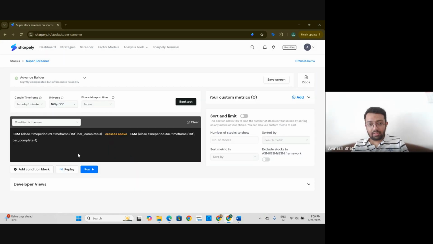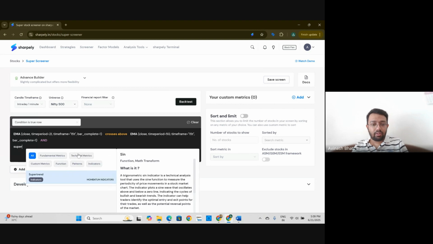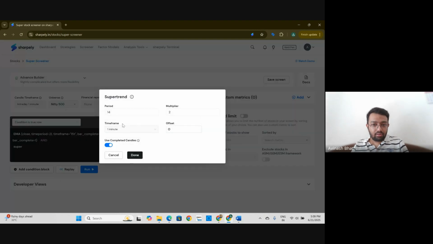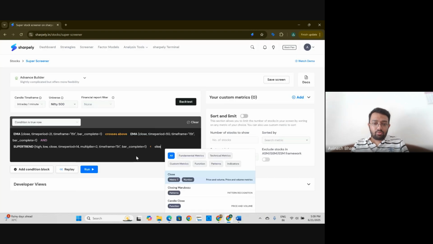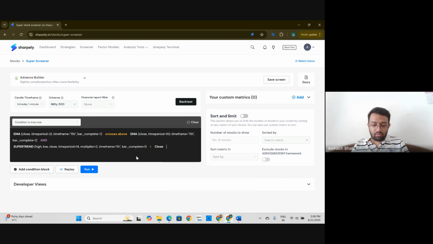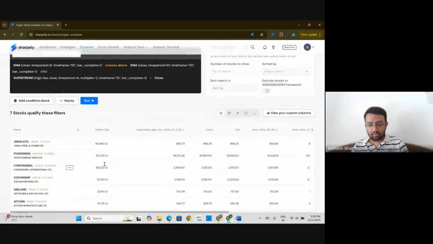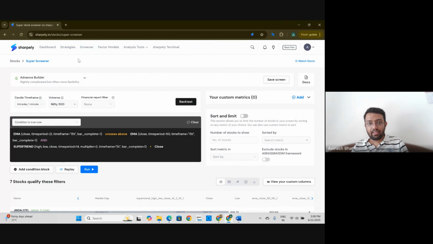So you can write like this, and you can combine multiple time frames as well. And let's say Super Trend, which is in 5-minute time frame, you want to do this analysis; if close is above it, then you can filter these kinds of stocks. So intraday screening you can do on Sharply, right?